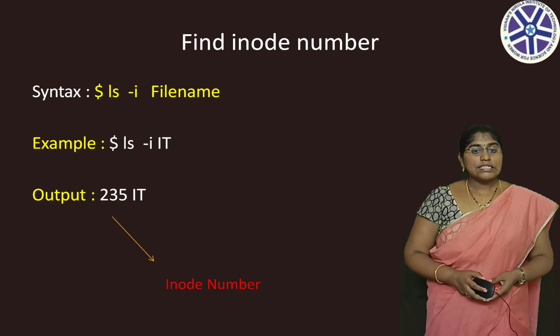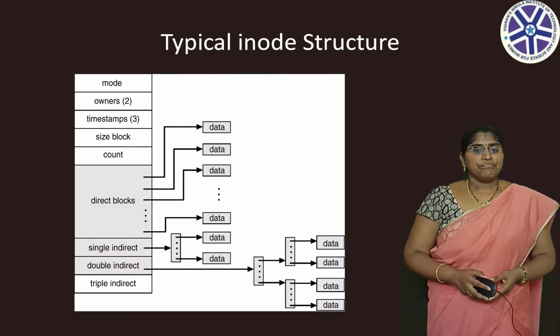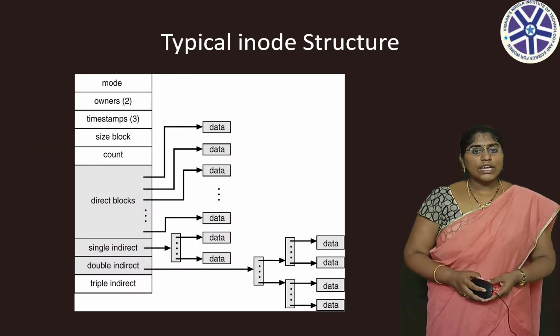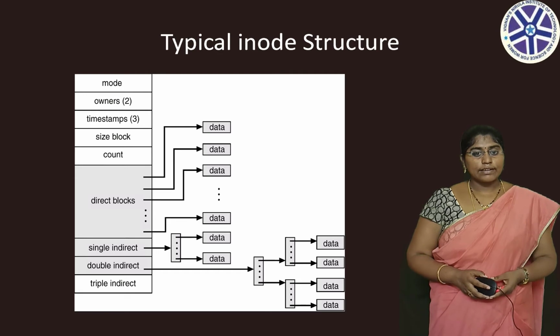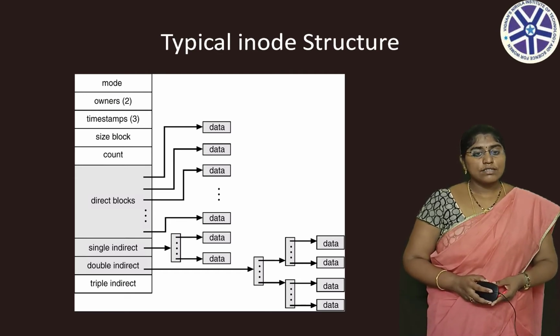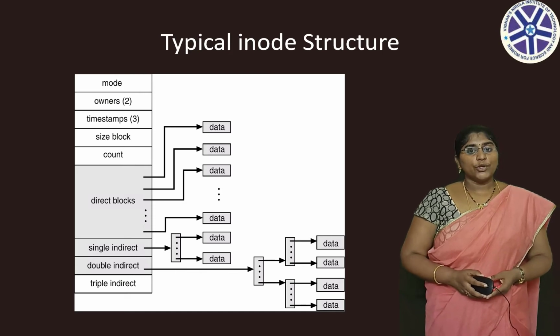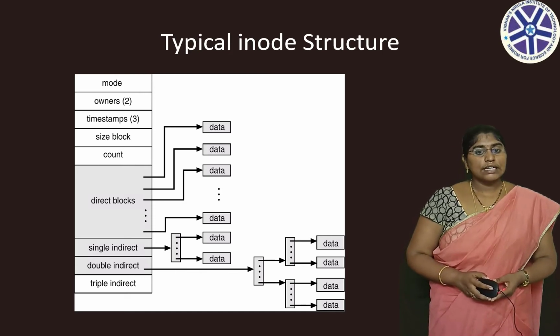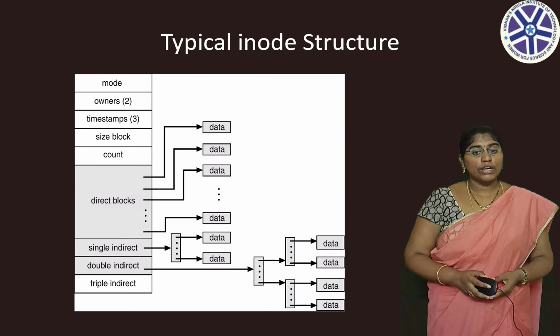So next topic is typical inode structure. Here, the inode structure of a directory consists of a name-to-inode mapping of the files and directories in the current directory. In the diagram, you can see the first two entries, dot and dot dot. Whenever you list the contents of a directory, most of the time they are hidden.